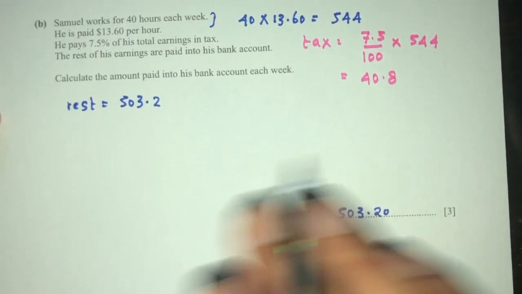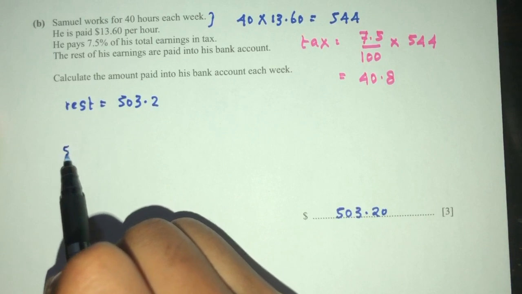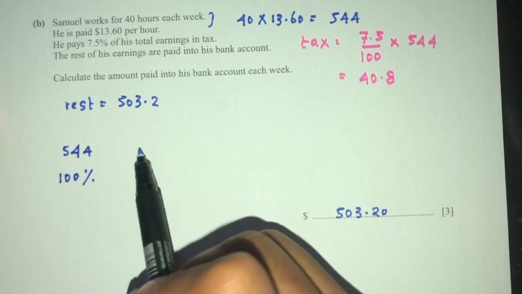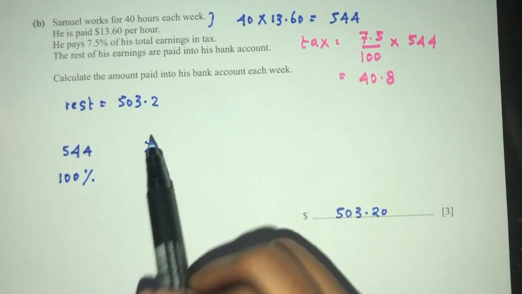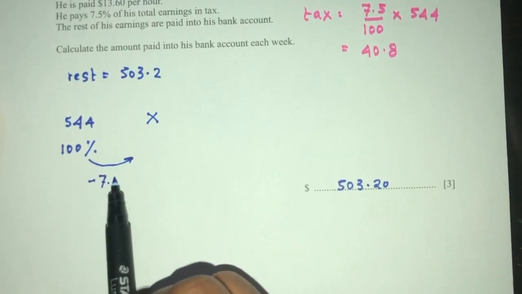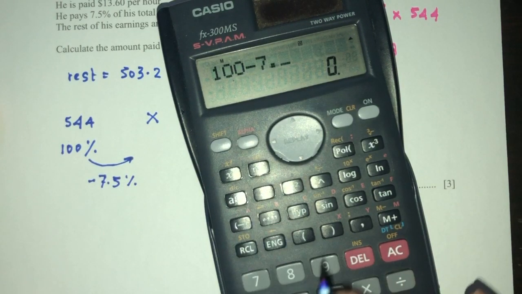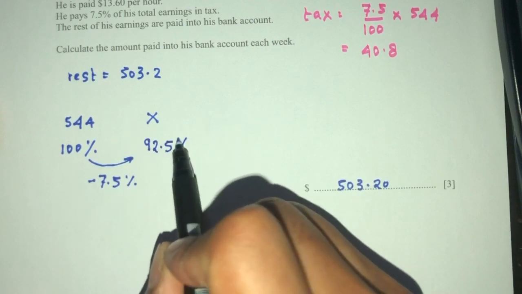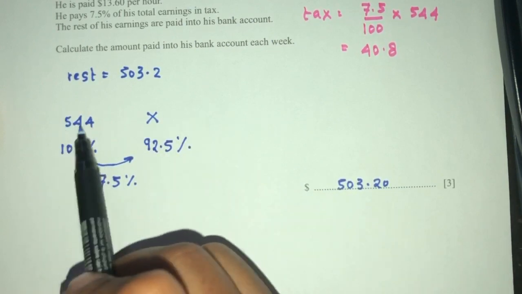For example, we know that 544 is the initial amount, and we always see it as 100%. Now, we are trying to find how much is left. But we know that we have decreased this amount by 7.5%, paying taxes. So you would say 100 minus 7.5, that will be 92.5%. So we know this is equal to this. We have to find this.